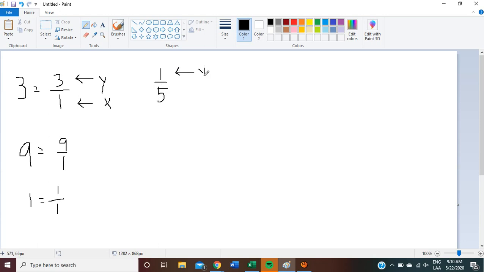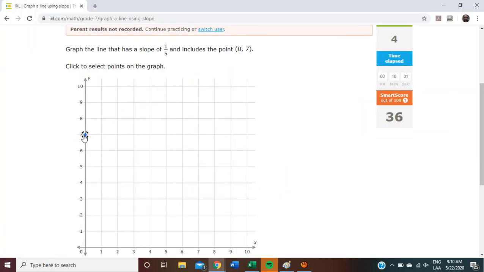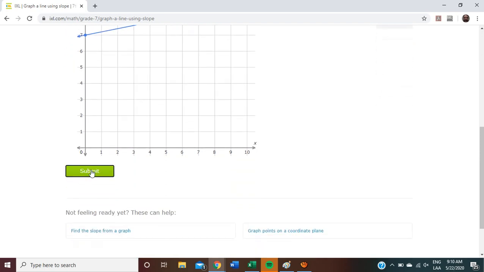Remember, this is the increase in y, and this is the increase in x. So it is going to increase only 1 in the y and 5 in the x. 1, 2, 3, 4, 5. You see, it is a very low slope, so it is a mountain that is very easy to climb. Okay, so we submit.